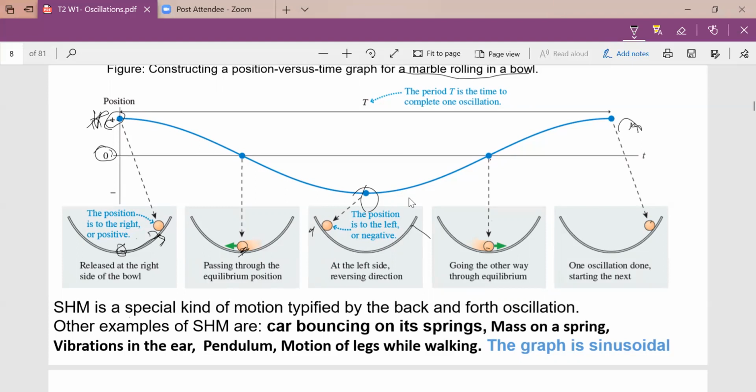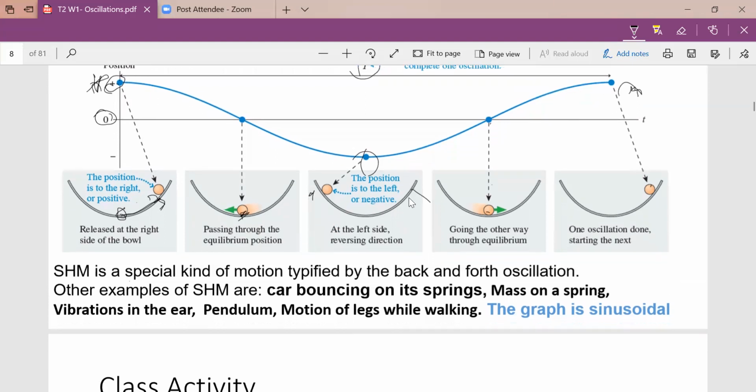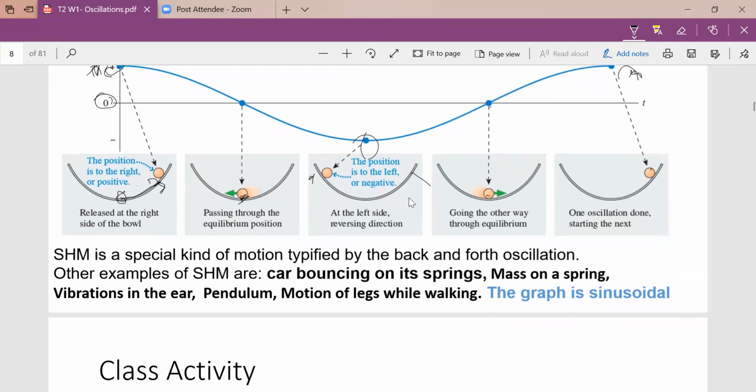That time is what we call the period. We'll have other simple harmonic motion examples like the car bouncing on the spring, mass on a spring, vibration in the air, the pendulum, and the motion of your leg while walking, which we'll be looking at in later parts of this chapter.